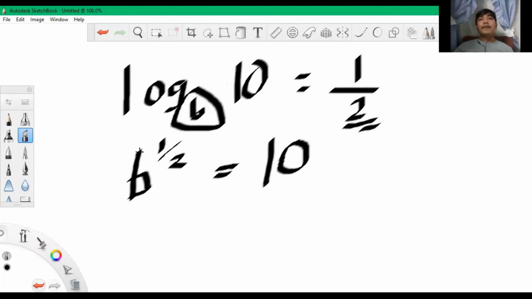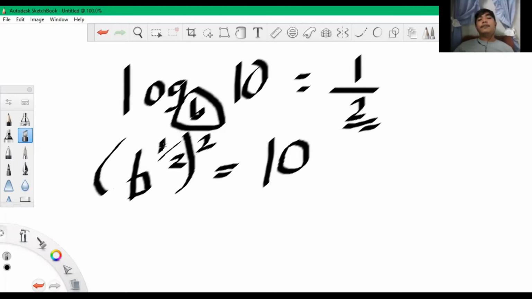So, pag b lang po ang hinahanap natin, its exponent should be equivalent to 1. However, we have 1/2. So, paano natin gagawing 1 ang exponent ng b? Ano ang pwede natin gawin? So, we can multiply it sa exponent na 2 over 1 or 2 para maging positive 1 siya.